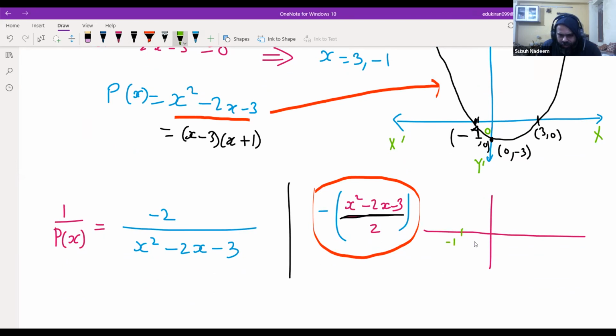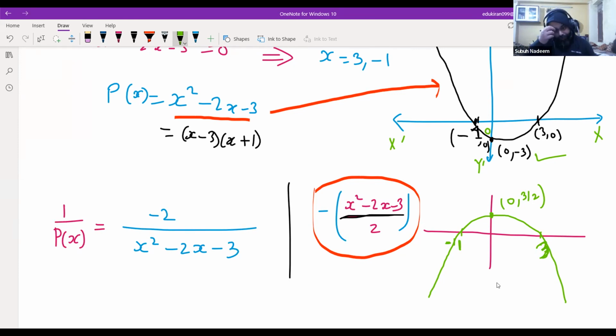So if you take minus 1 here and 3 here, you take the mirror image about the x-axis. And you have to halve the output. So the mirror image of 0 comma minus 3 is 0 comma 3, so you will have 0 comma 3 by 2. This is minus 1 still, and this is 3 still. x is not changing. So this will be minus of x square minus 2x minus 3 by 2.